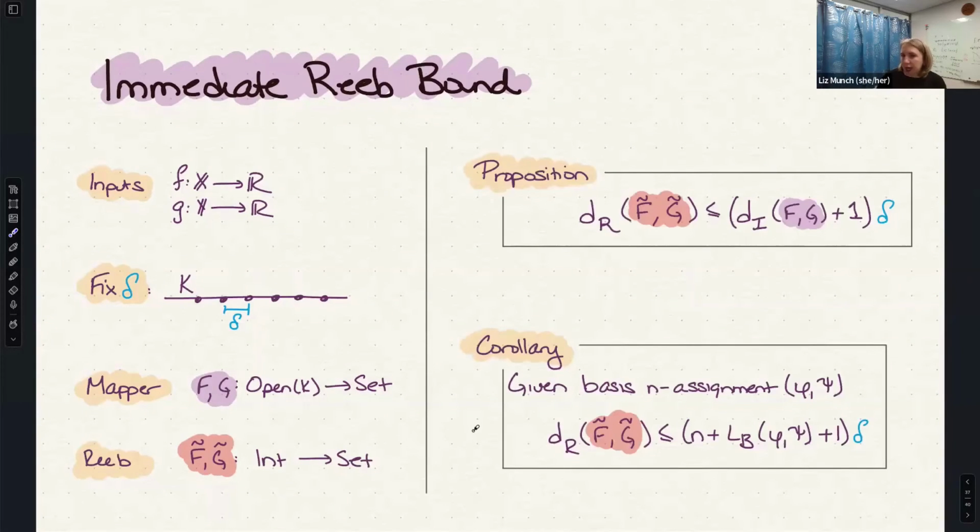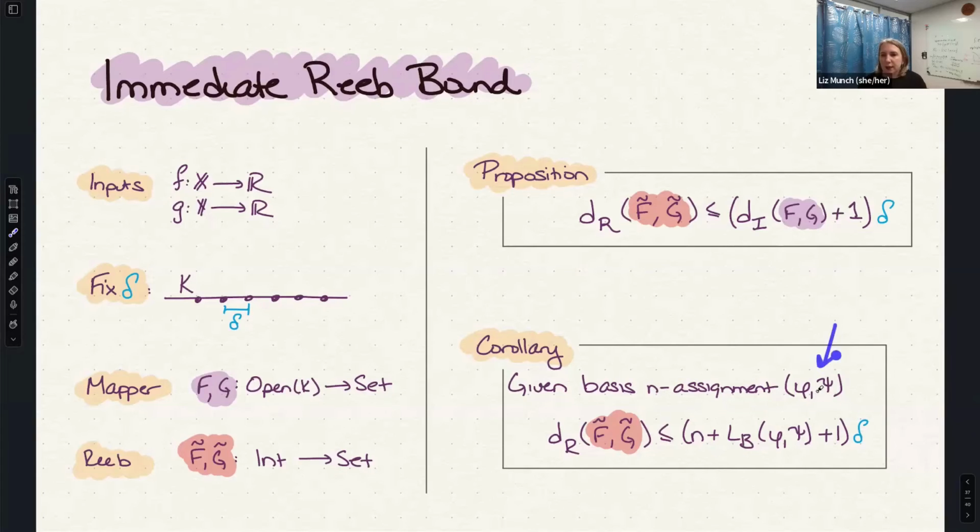The first thing that you can check is that the Reeb graph version of this distance is upper bounded by your mapper graph version of this distance + 1, times delta, because everything I did with the mapper graph version was integer indexed, but now this delta controls for the fact that thickening by 1 grid element is related to thickening by delta in the real line.